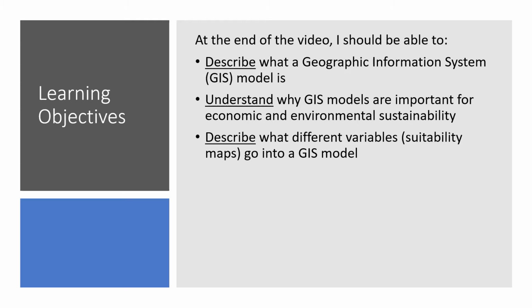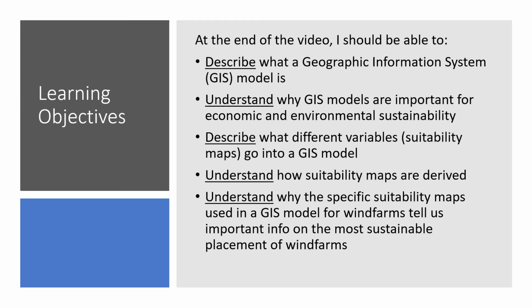Describe what different variables, otherwise known as suitability maps, go into a GIS model. Understand how suitability maps are derived, and understand why the specific suitability maps used in a GIS model for wind farms tell us important information on the most sustainable placement for a wind farm.